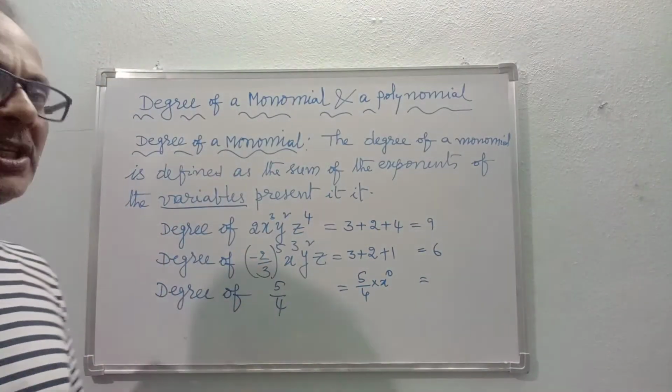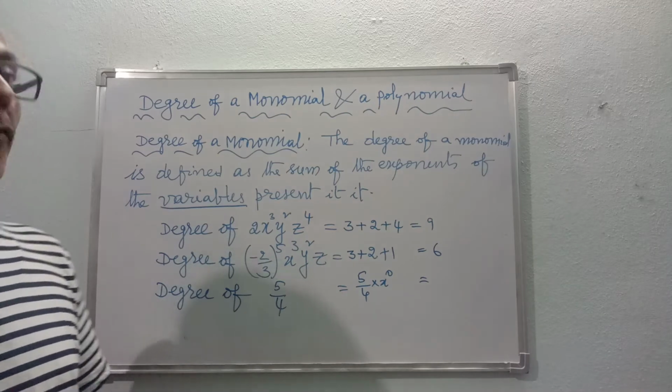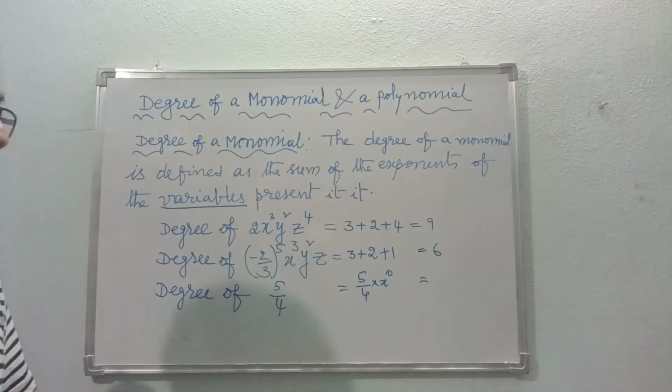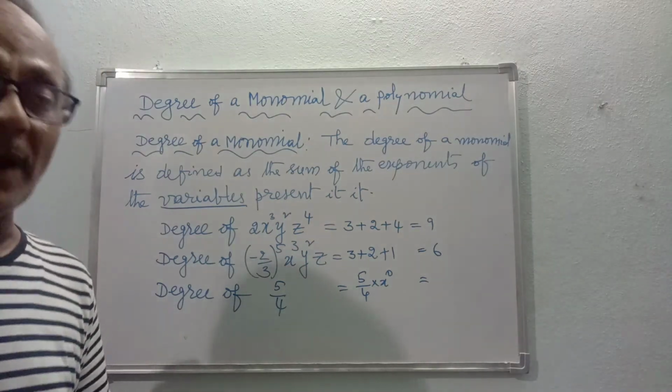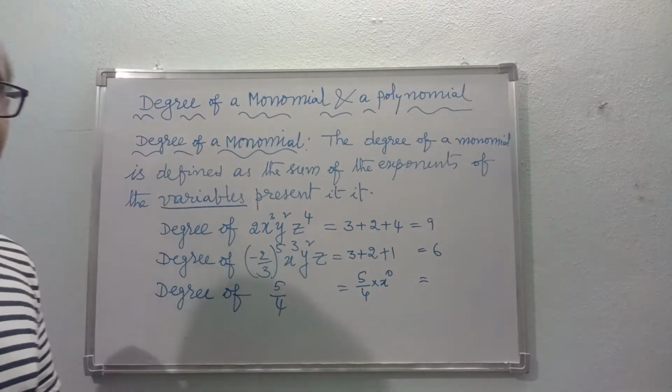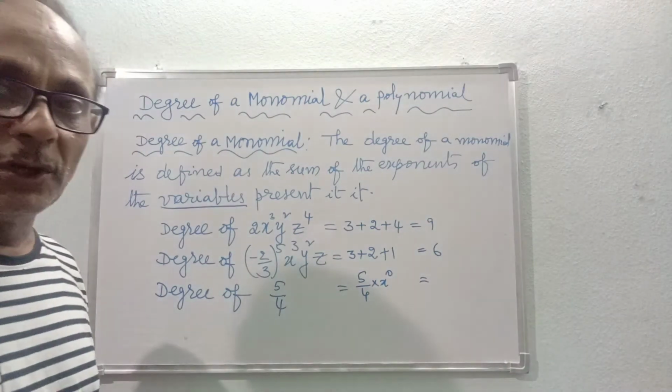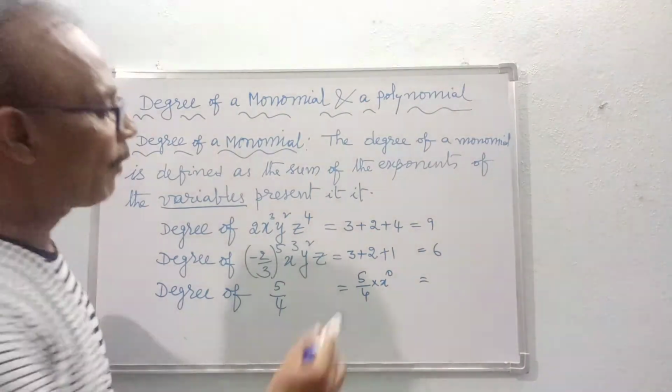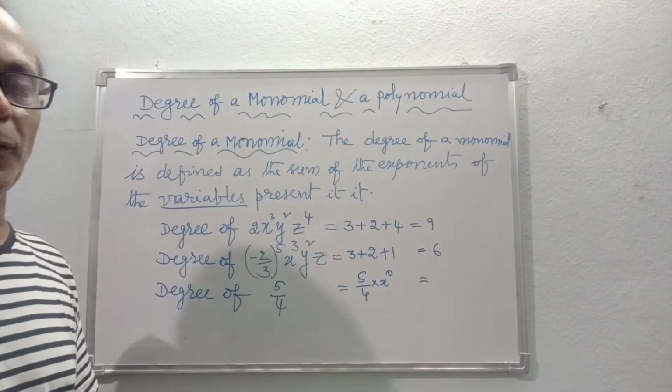Not only x power 0, you can write it as 5 by 4 y power 0 or 5 by 4 z power 0 or 5 by 4 (abc) whole power 0, because anything raised to the power of 0 is always 1. So 5 by 4 into 1, again you get 5 by 4 only.